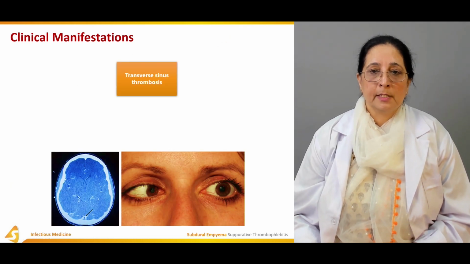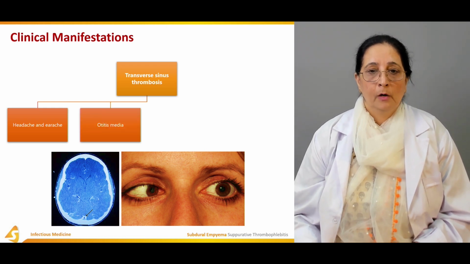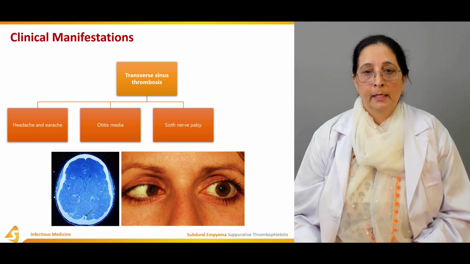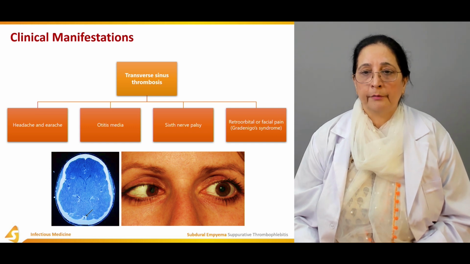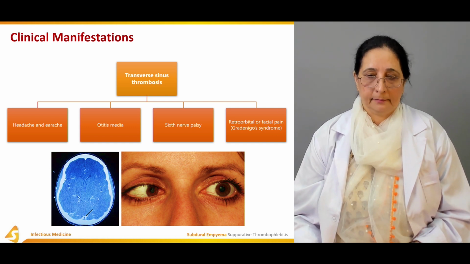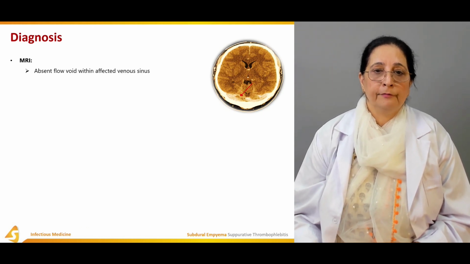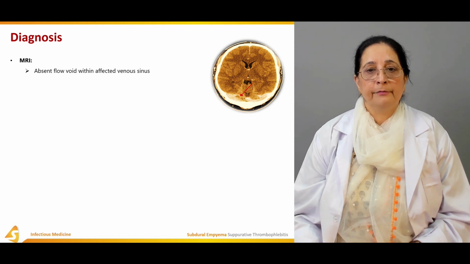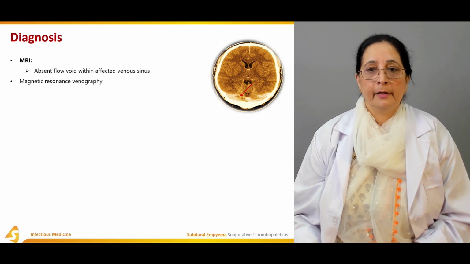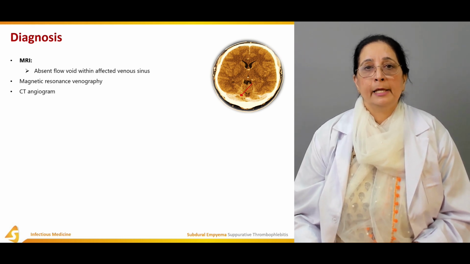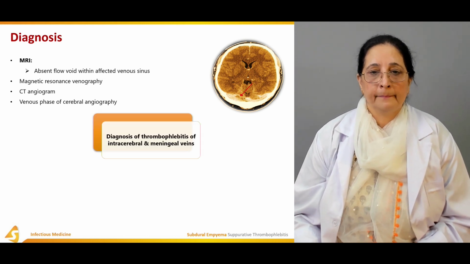Transverse sinus thrombosis can lead to headache, earache, otitis media, sixth nerve palsy, and retroorbital or facial pain. Diagnosis is by MRI, showing absent flow void within the affected venous sinus, magnetic resonance venography, CT angiogram, and the venous phase of cerebral angiography.